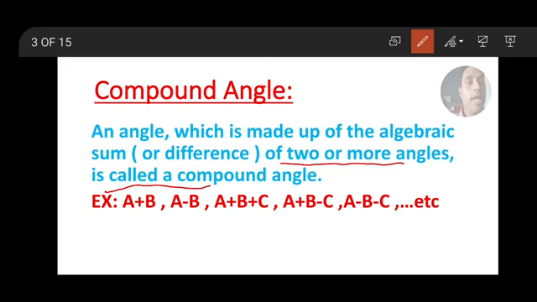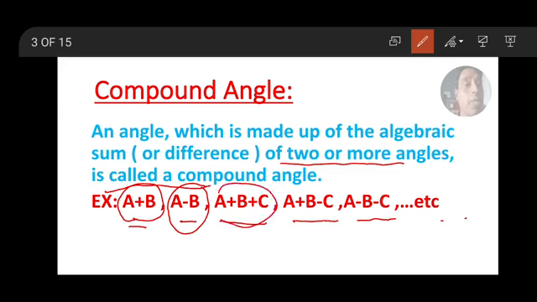For example, a plus b, a minus b, a plus b plus c, a plus b minus c, a minus b minus c, etc. are the compound angles. Here a plus b is one compound angle, a minus b is another compound angle, a plus b plus c is a compound angle, and a minus b minus c is also a compound angle.